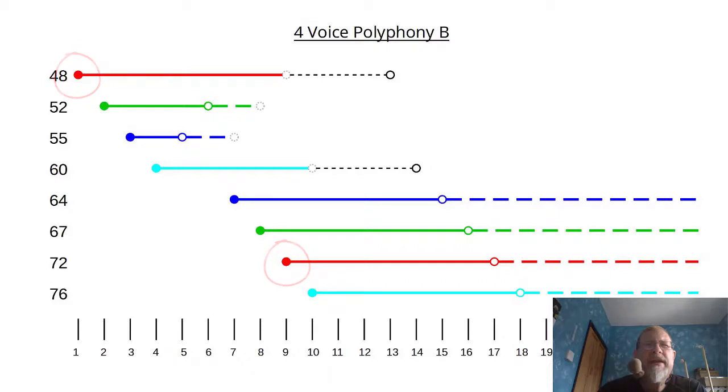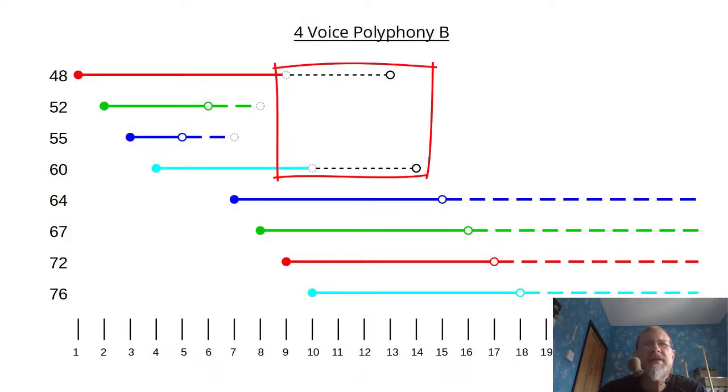And finally note 76, we take the turquoise voice. So in this case we can see the red and the turquoise notes are still being held here. The player expects them to be sounding, but we've stolen the voices as indicated by these dashed black lines.